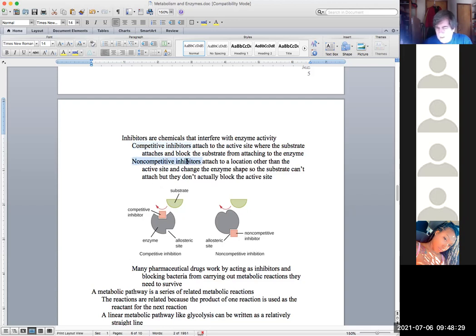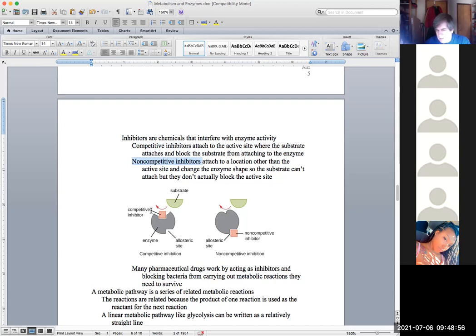The other type of inhibitors we see are non-competitive inhibitors. Now, we see this kind of half square area down here that's called an allosteric site. Allosteric means different shape. And a non-competitive inhibitor can attach here. Notice when it attaches, it changes the shape of the active site.